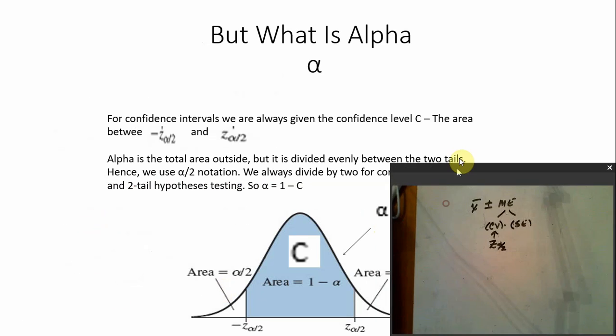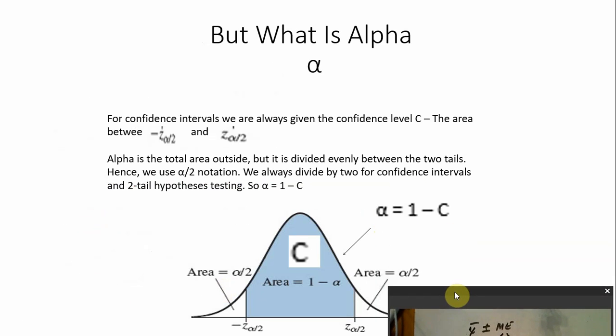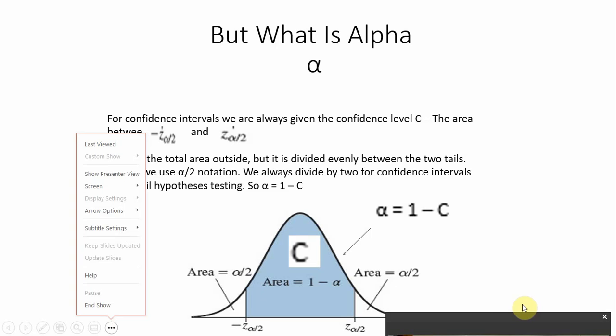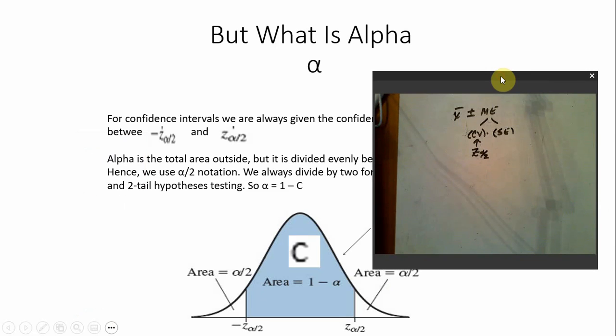So what is alpha? How do we get that alpha? Okay, so here's a quick picture. Confidence intervals always look at this one picture here. I've got this bell-shaped curve, and I've got two tails here: the left tail and the right tail.